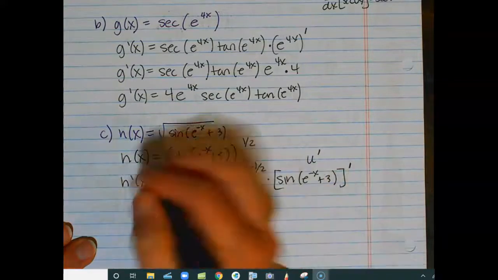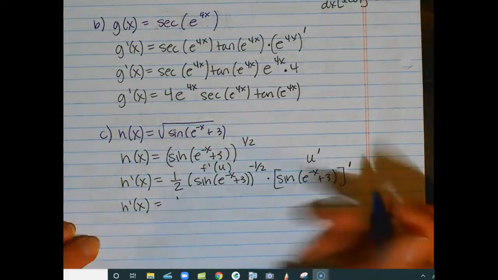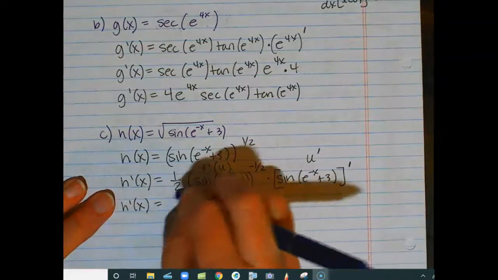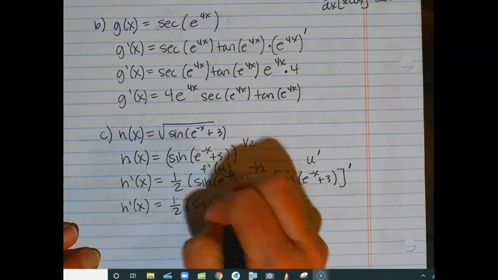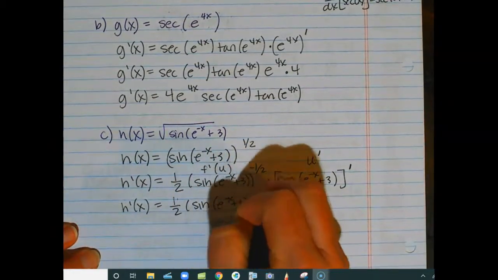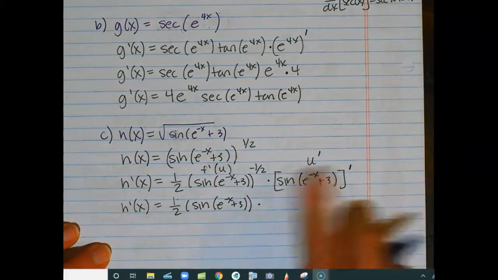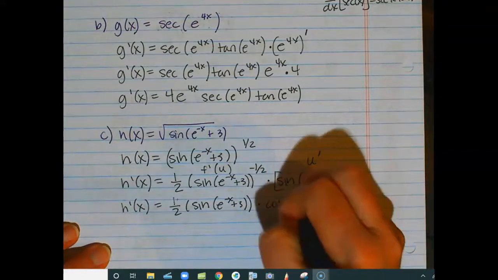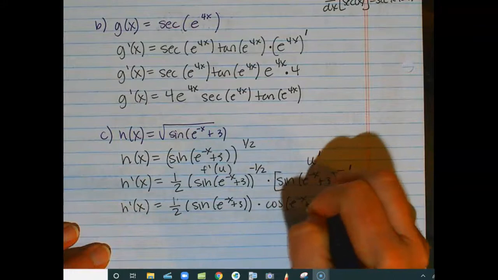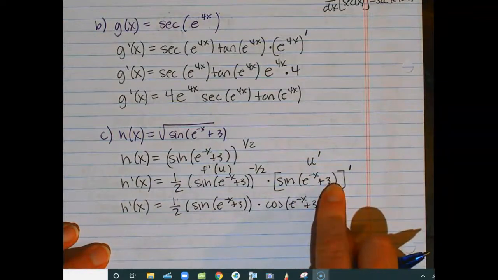And then we're going to do that again. So next step is still going to be the derivative. I'm still going to keep it just like this for now: sine of e to the negative x plus 3. And now I'm going to take the derivative here. I'm going to take the derivative of the mama function. Sine is going to be cosine, keep the baby, times derivative of the baby. So at this point, I think I can take the derivative of this part.